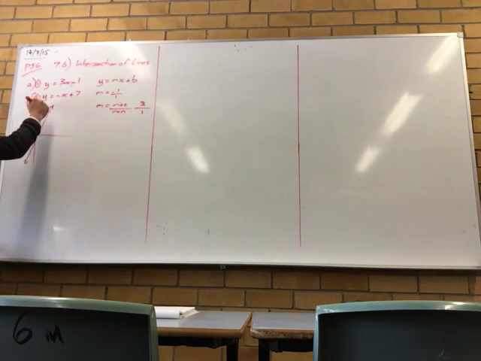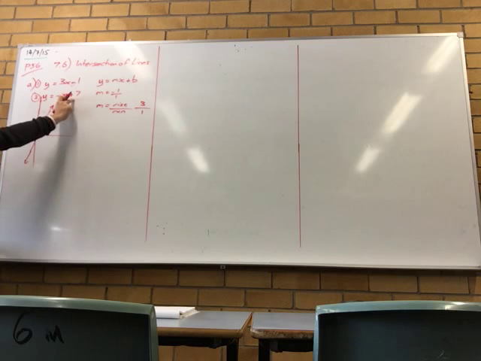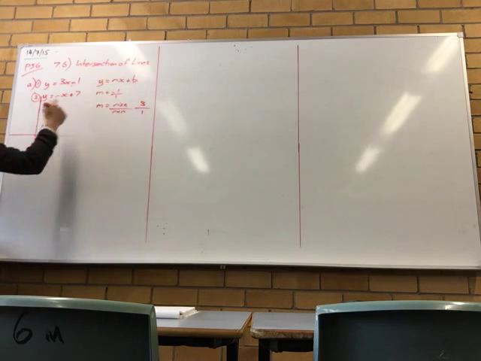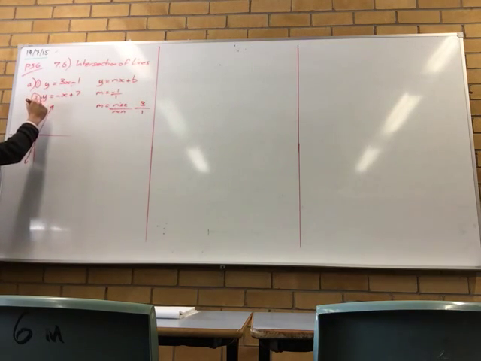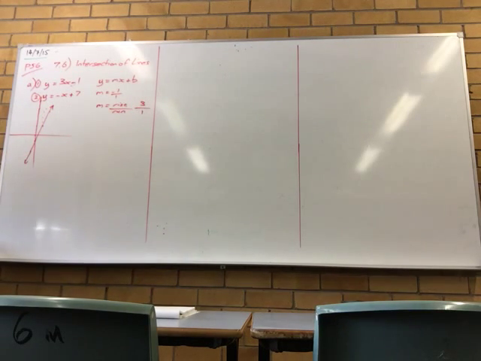Plus 7, so we're somewhere way up here for the y-intercept, and then the gradient is minus, so we go down 1, but still go to the right 1. The denominator, you always go to the right. The numerator, you take that sign and go up or down depending on it.